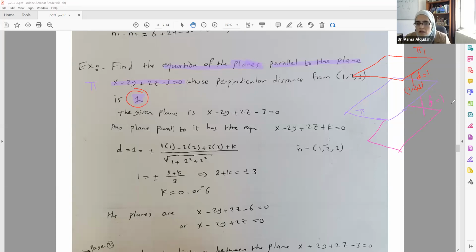So the two planes are one above the given plane and one under it, both at a distance of 1 from point (1, 2, 3), which lies on the plane pi.